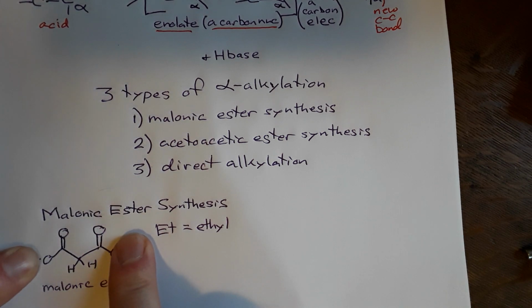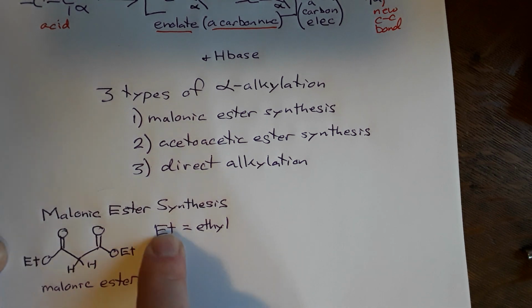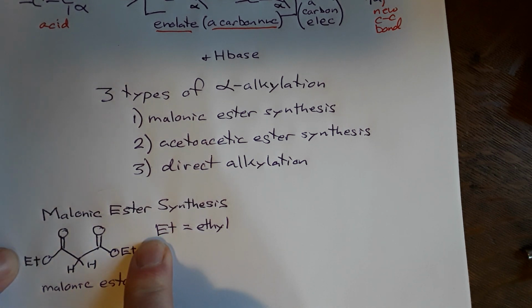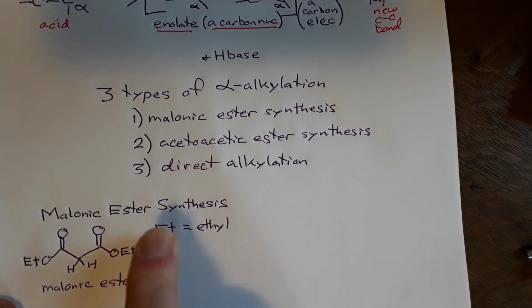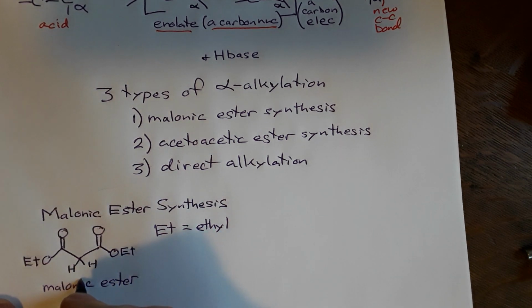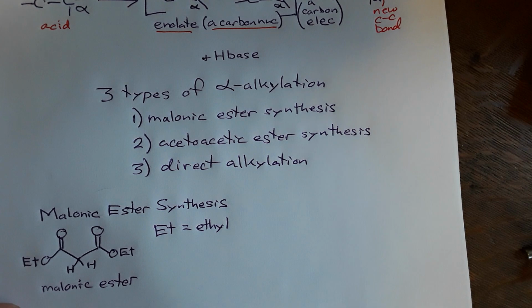Get rid of the ester groups and we have an acid. The 3-carbon dicarboxylic acid you learned was called malonic acid, and so the ethyl ester of that would be called ethyl, drop the -ic acid and add -ate, so ethyl malonate, or diethyl malonate, and this is just referred to generically as malonic ester.